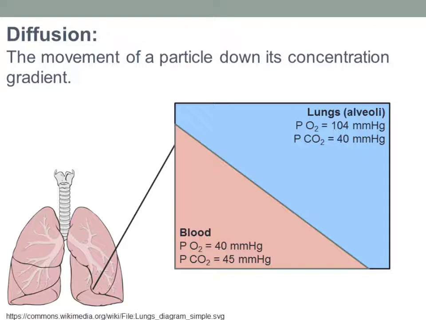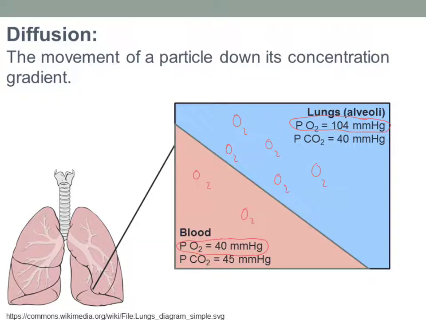If I take a look at O2, for example, in your blood the partial pressure of O2 is 40 millimeters of mercury, and in the lungs it's 104 millimeters of mercury. You don't need to be super familiar with those pressures, but you can probably infer that 104 is bigger than 40. So you'd have more O2 in the air in your lungs than O2 in your blood.